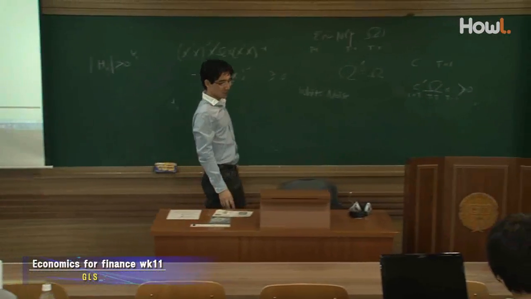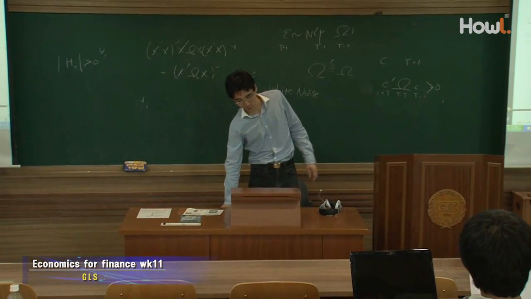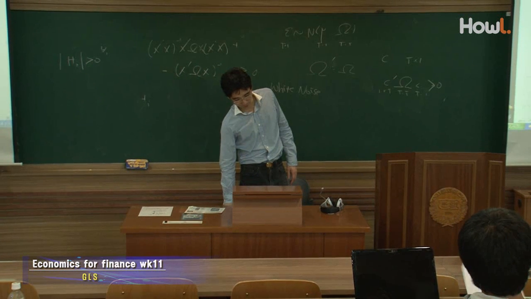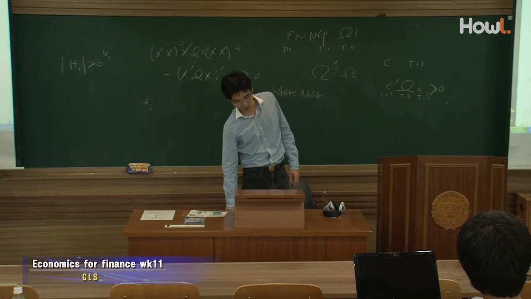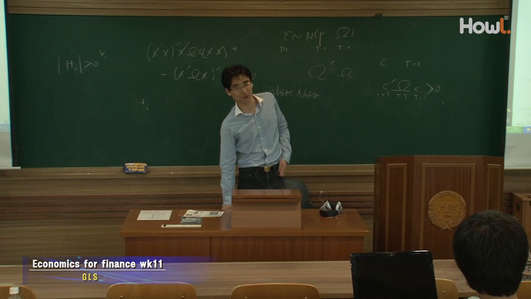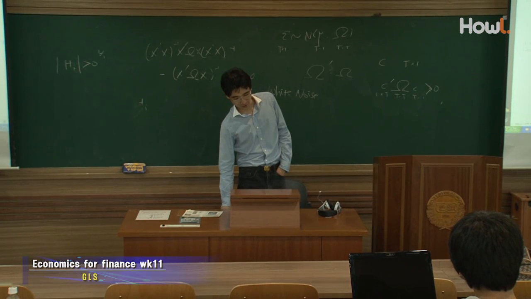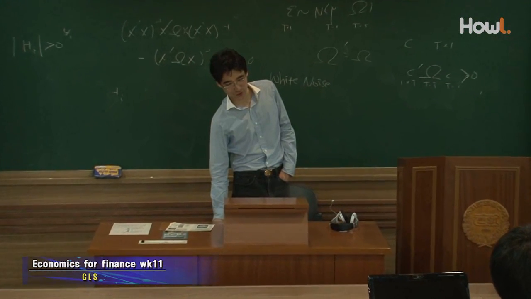Anyway, in the GLS estimator, eventually all you have to remember is simply this one, this variance covariance matrix of the beta, and basically this GLS estimator.